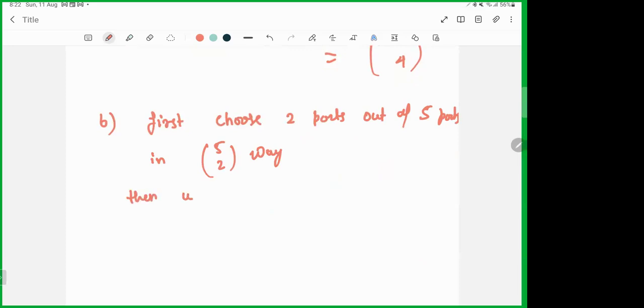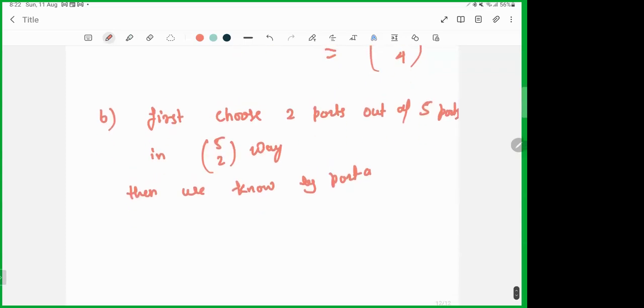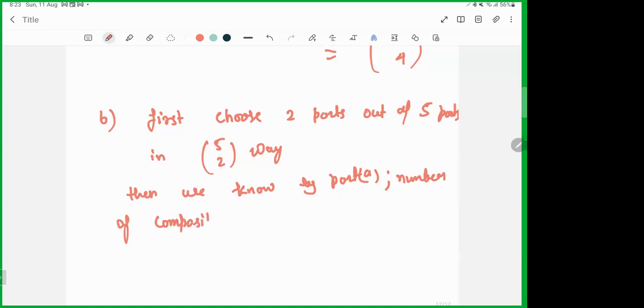Then we know by part A the number of compositions which have exactly the first two parts odd is 13 choose 4.